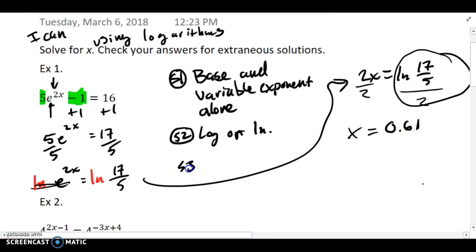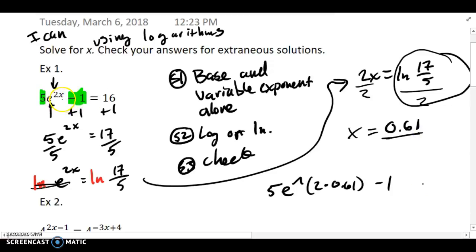Then we're going to check our answer. So step 3, we're going to check to see if this works. So we're going to have 5e to the power of 2 times 0.61 minus 1. And we're going to see if we get this 16. So notice I took this here and I put it in for x over there. So I have my problem I started out with and it needs to equal 16.